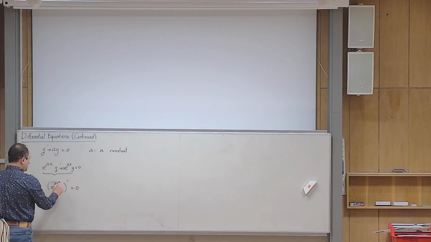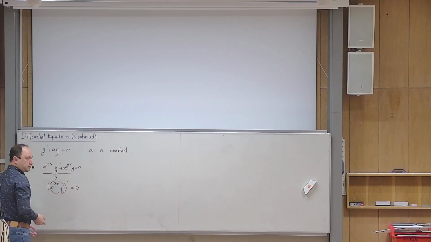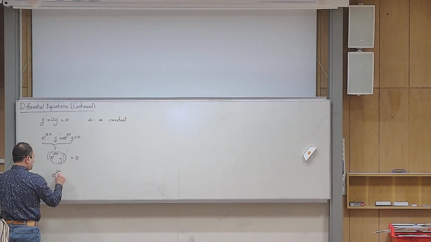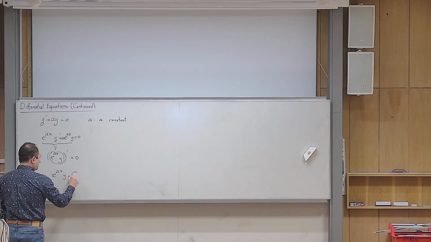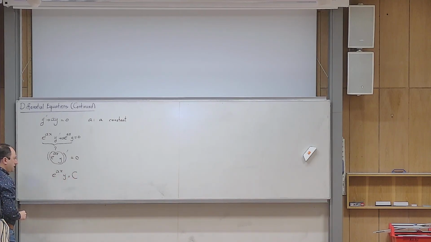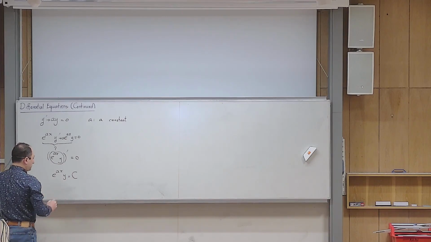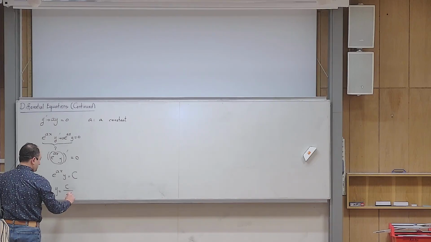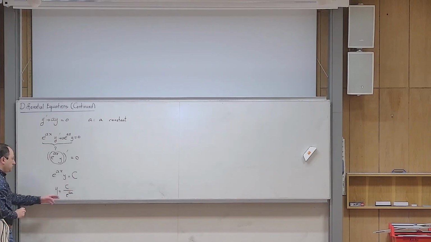Now I am asking you: what is this, so that its derivative is 0? You realize that this is a constant. Then I am looking for y, so I divide everything by this to make y alone, but usually we bring it up and use the negative power.